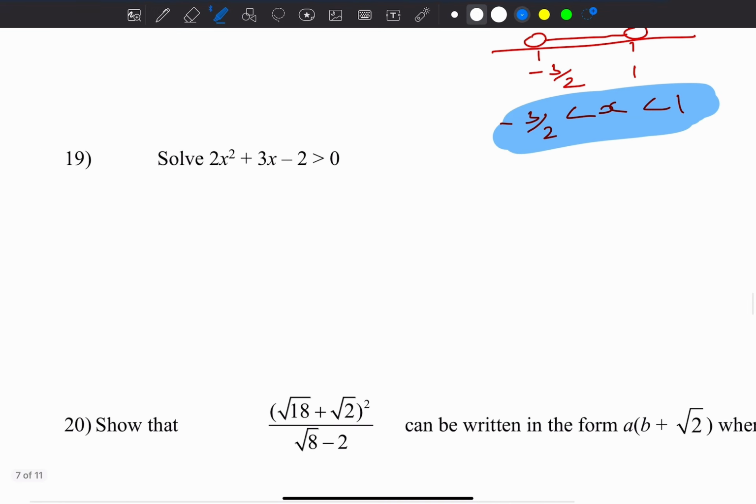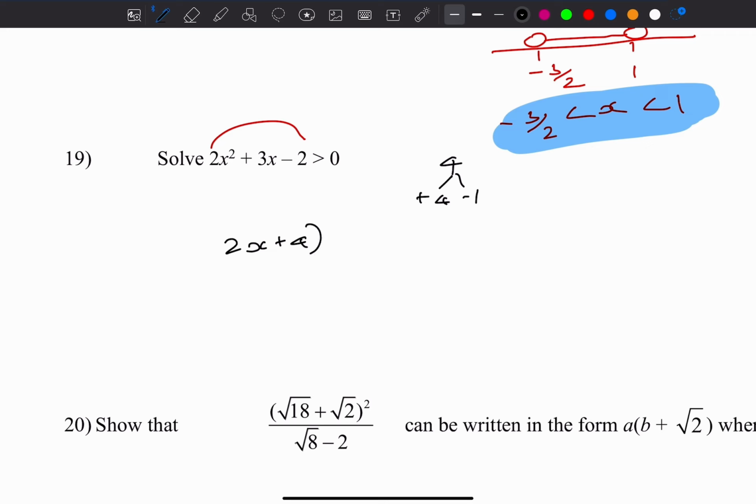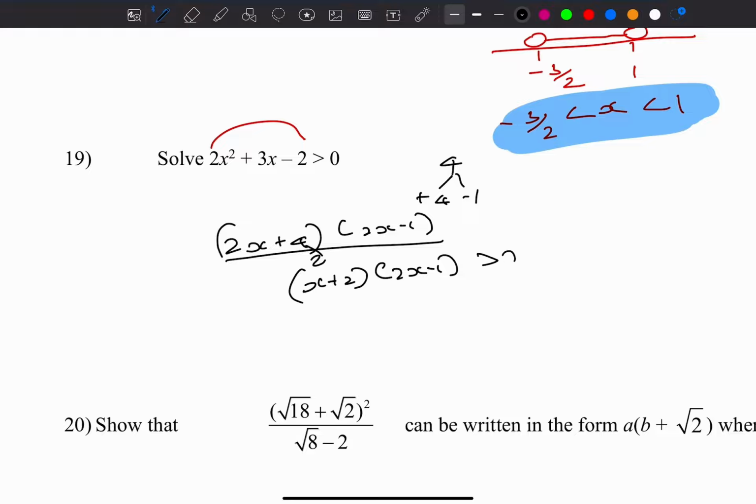The next one, 4, factors of 4 that make 3: 4 times 1 plus minus 2x plus 4, 2x minus 1, divided by 2. We'll divide that. x plus 2, 2x minus 1 is greater than 0. x is minus 2, x is positive 1 over 2.